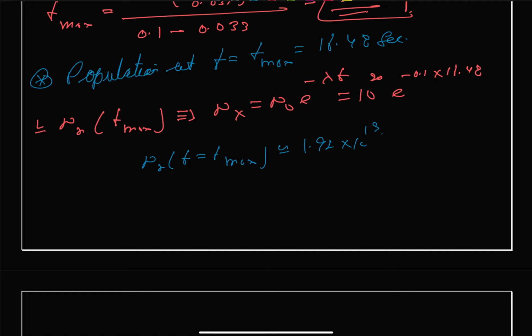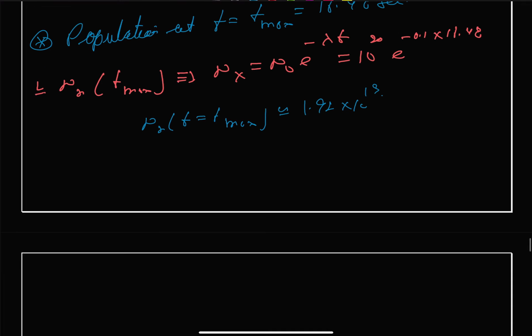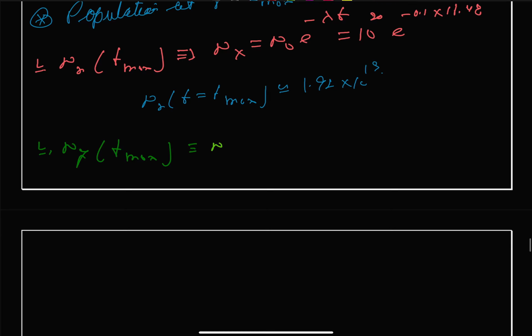And for our y, we can write that our ny at t max, the equation is known to us, ny is equal to 10 to the power 20 multiplied by 0.1 upon 0.033 minus 0.1, into e raised to power minus 0.1 into 16.48 minus e raised to power minus 0.033 multiplied by 16.48.